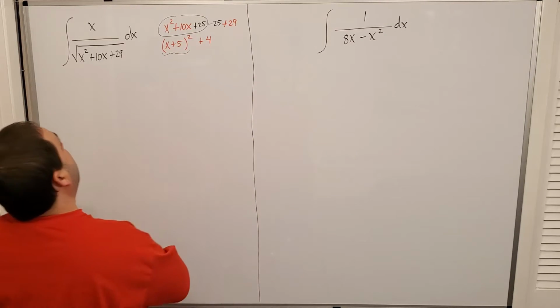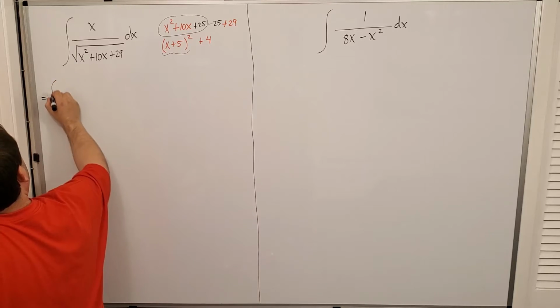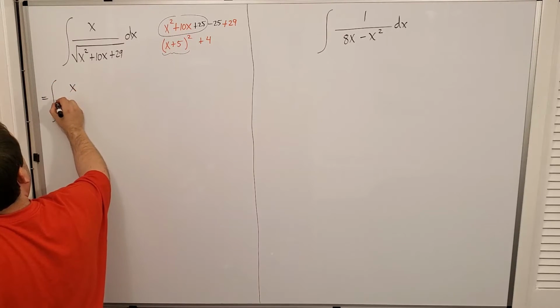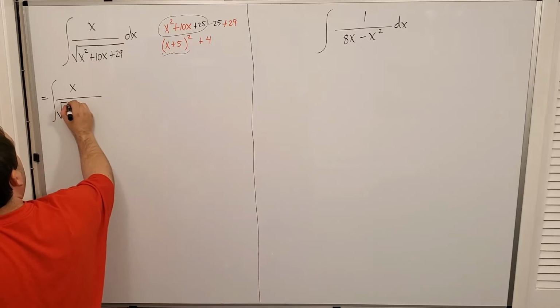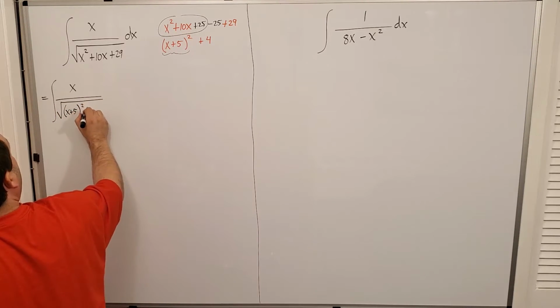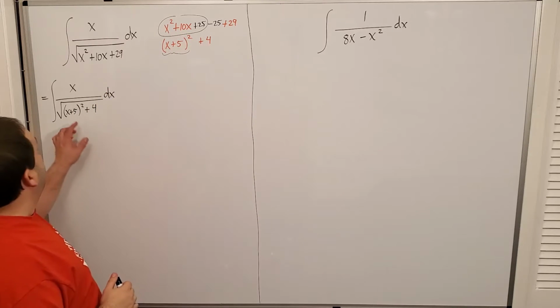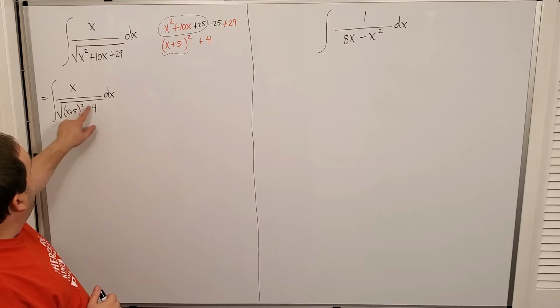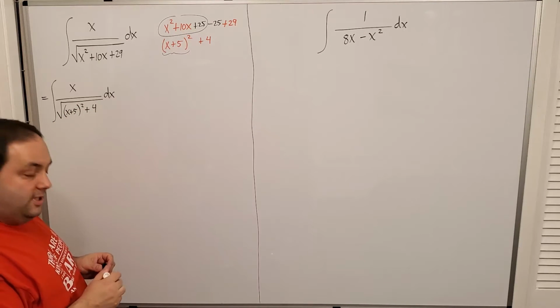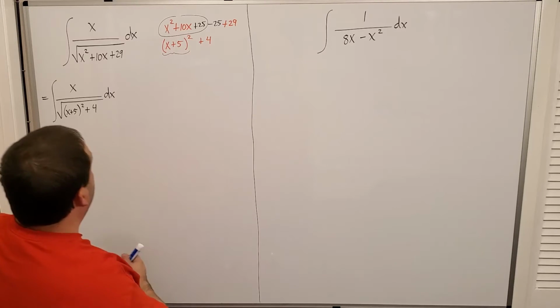So that sets me up exactly where I need to be. This integral would then become x over the square root of x plus 5 squared plus 4 dx. And now that this is a sum of squares, I can start using my trig substitution setup. So that's what we'll do now.